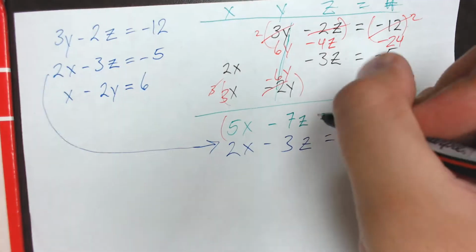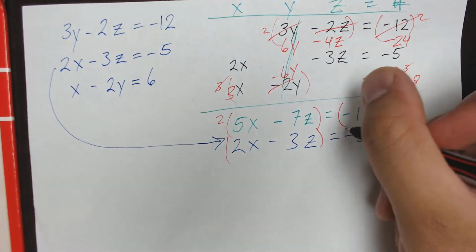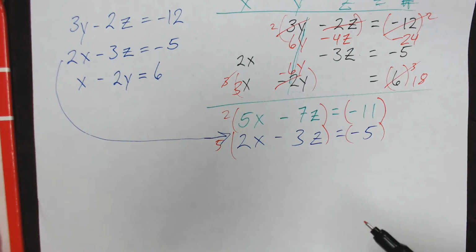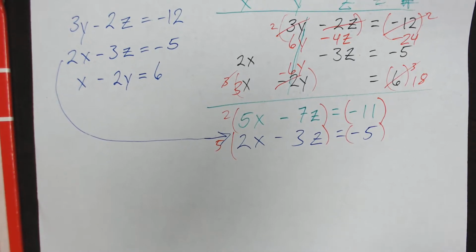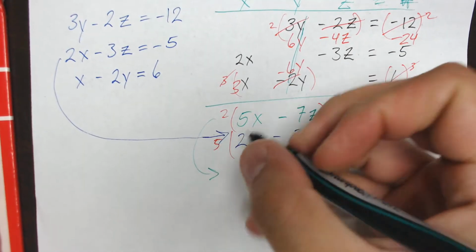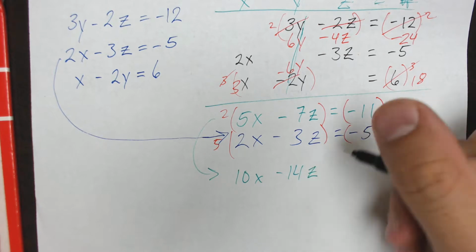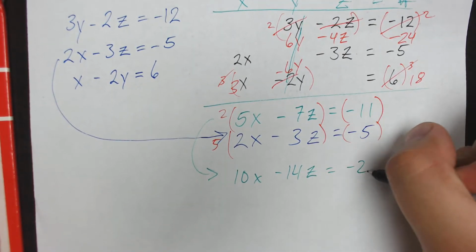This one's going to get multiplied by 2, this one gets multiplied by 5. And I'll go ahead and rewrite these below because I didn't give myself a whole lot of space. So the green equation, when I multiply by 2, becomes 10x minus 14z equals negative 22.